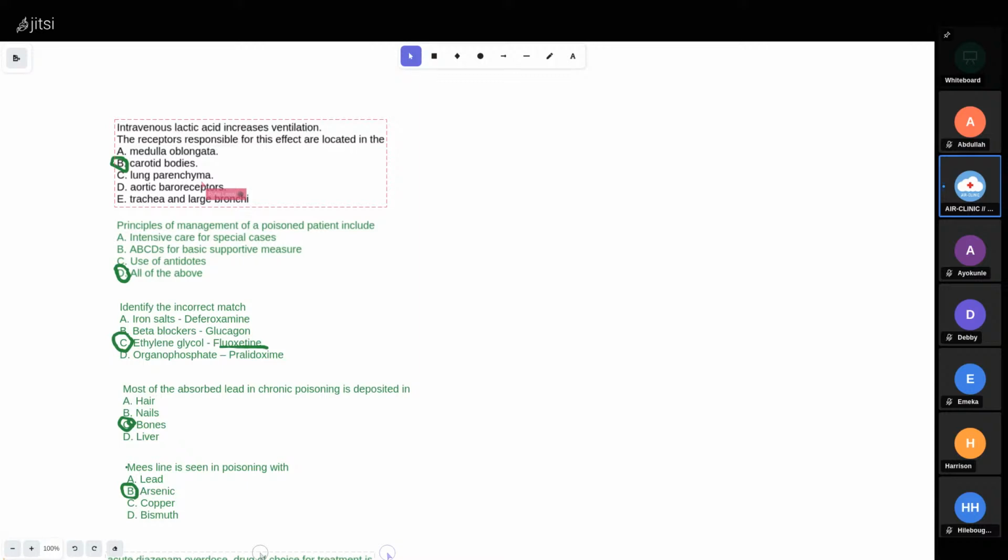Dilated and reactive pupils, rise of surface temperature, dry mouth, tachycardia.